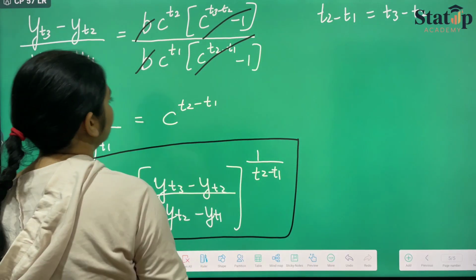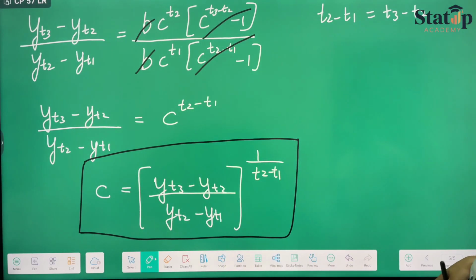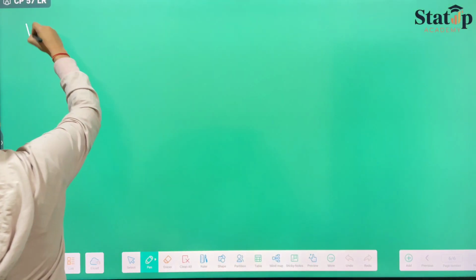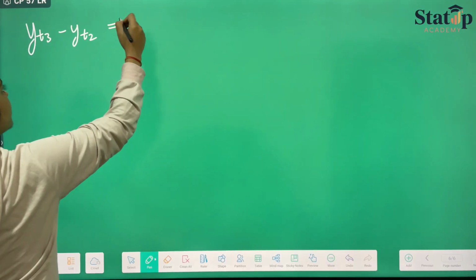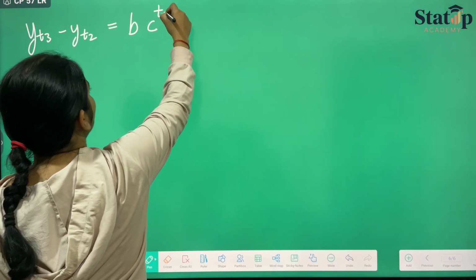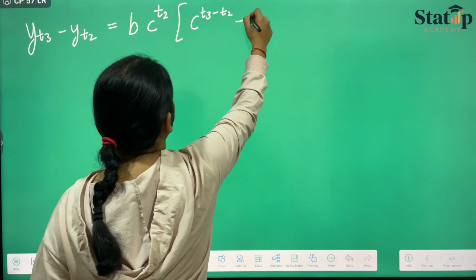Now putting this value in any of the equation 1 or 3, we'll get y_T3 minus y_T2 is equal to b c^T2 times c^(T3 minus T2) minus 1.